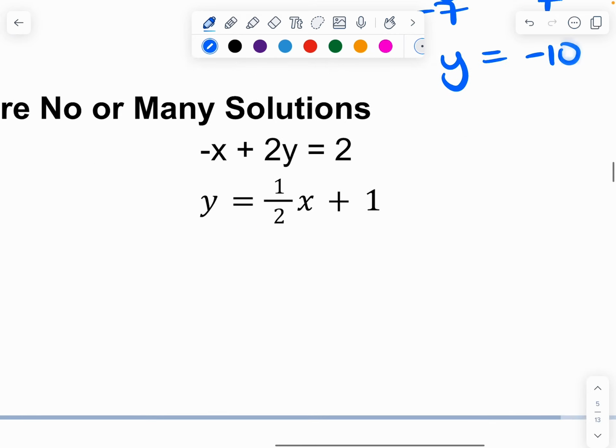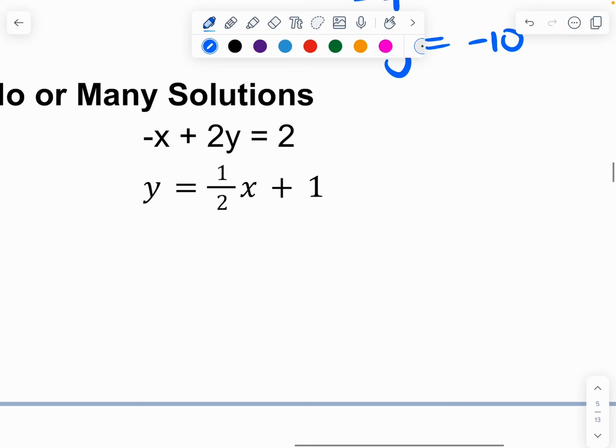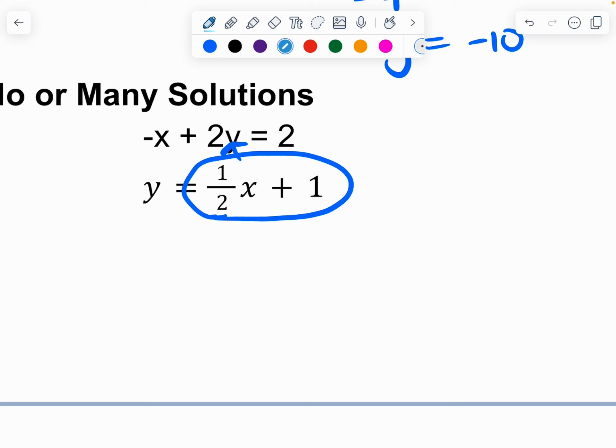Okay, next, let's look over at this one. So I'm going to take y and plug it in for the y. So I have negative x plus 2. I'm going to replace the y with 1/2 x plus 1 equals 2.